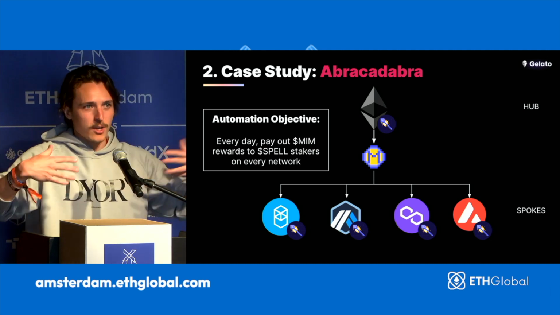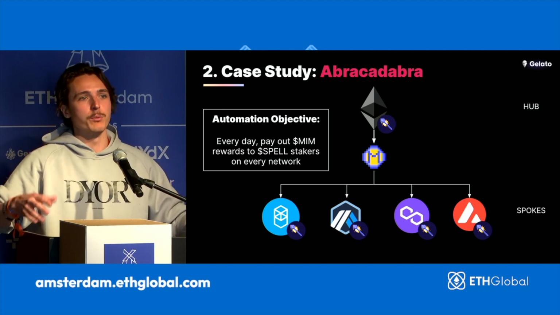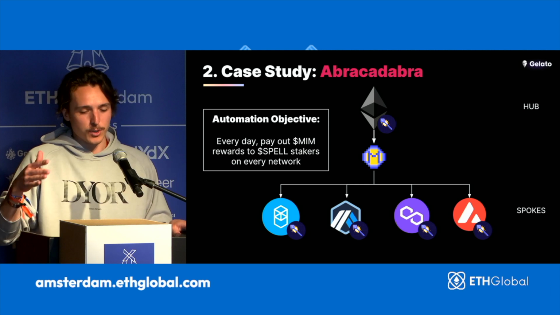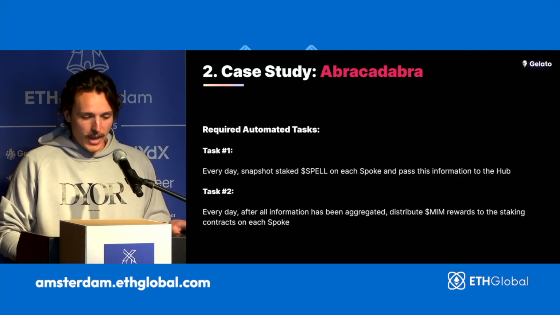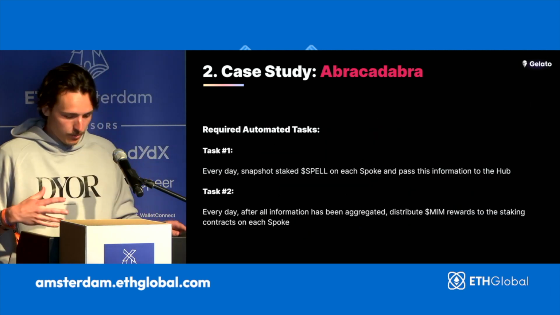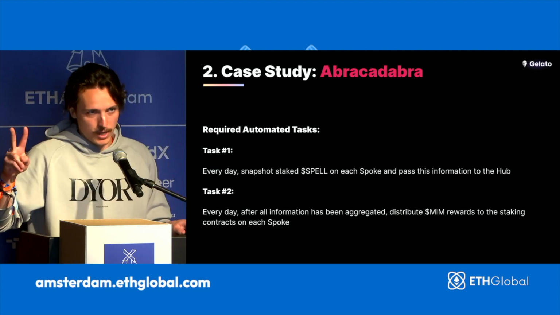And so every day you pay out the rewards in this hub and spoke model. And to achieve that, they require two different types of Gelato tasks to make that possible.